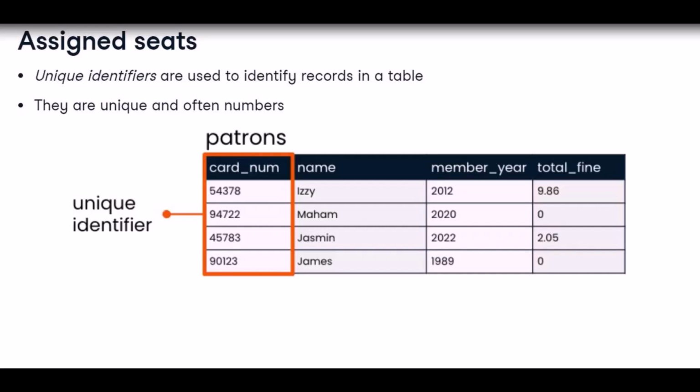In the patrons table, for example, it makes sense to use the card number field as the unique identifier for each patron, not the name field, because it's possible that as our little library grows, 2 patrons might have the same name. So we need a unique identifier.